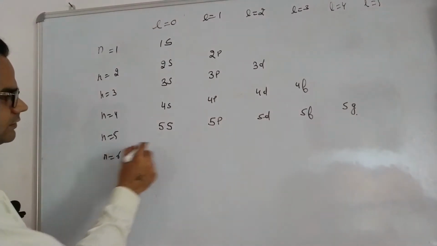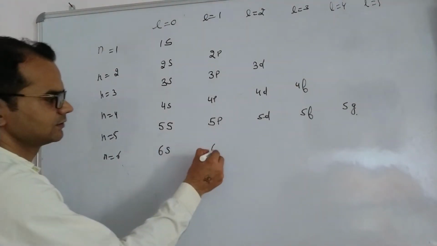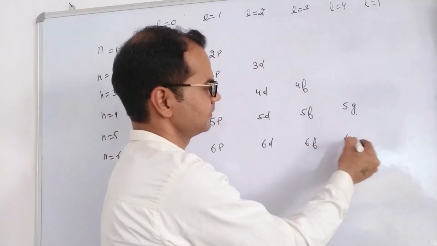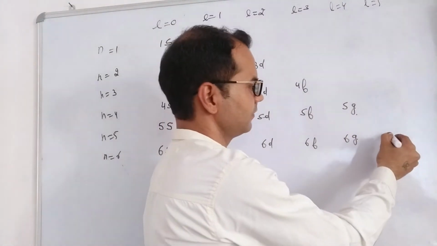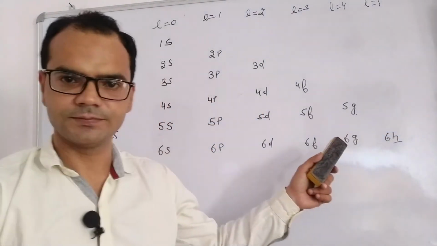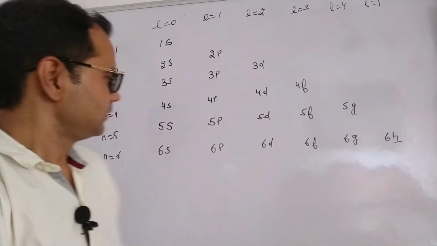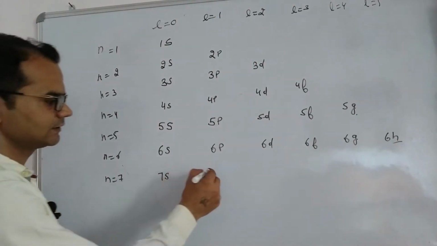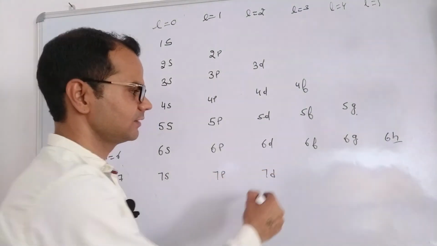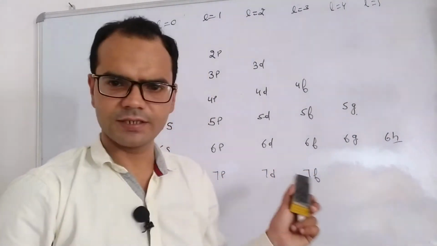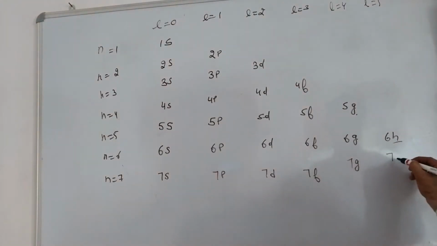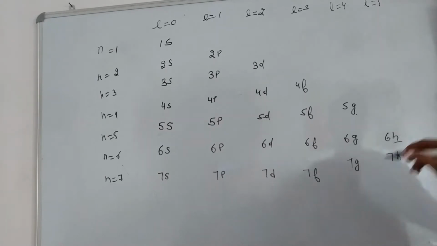N equal to 6: 6s, 6p, 6d, 6f, 6g, and here we have another orbital, 6h. And for 7, possible values are 7s, 7p, 7d, 7f, 7g, 7h, and 7i.